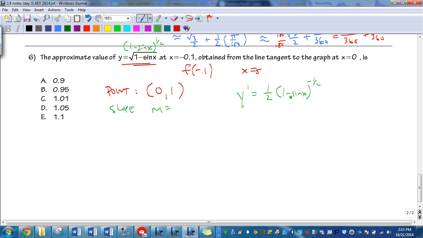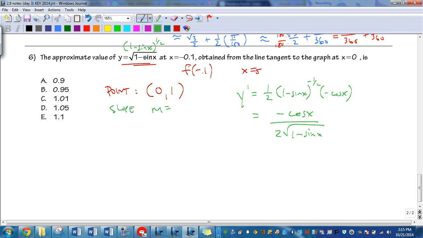And then we have to multiply by the derivative of the inside, which is negative cosine of x. Right, derivative of sine is cosine, but we have that negative out in front. So we can think of this as negative cosine of x over 2 times the square root of 1 minus sine of x. So that's our derivative.